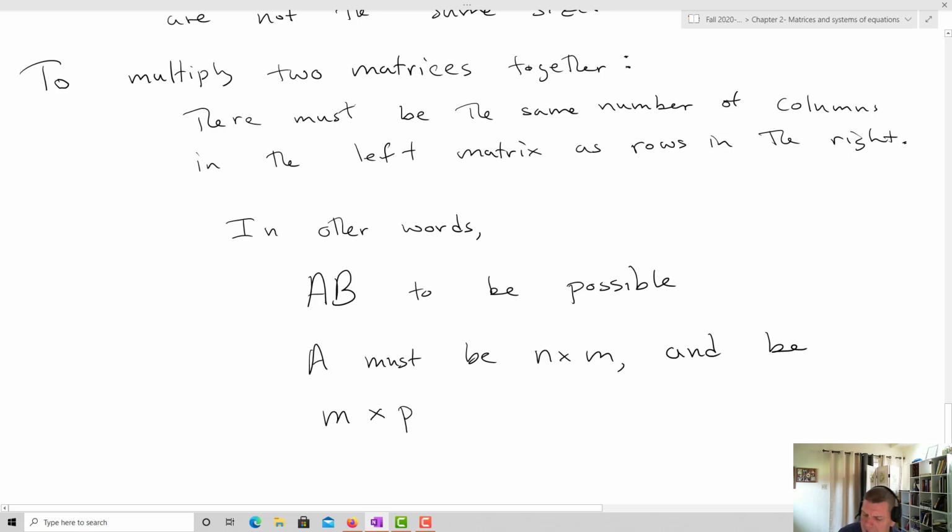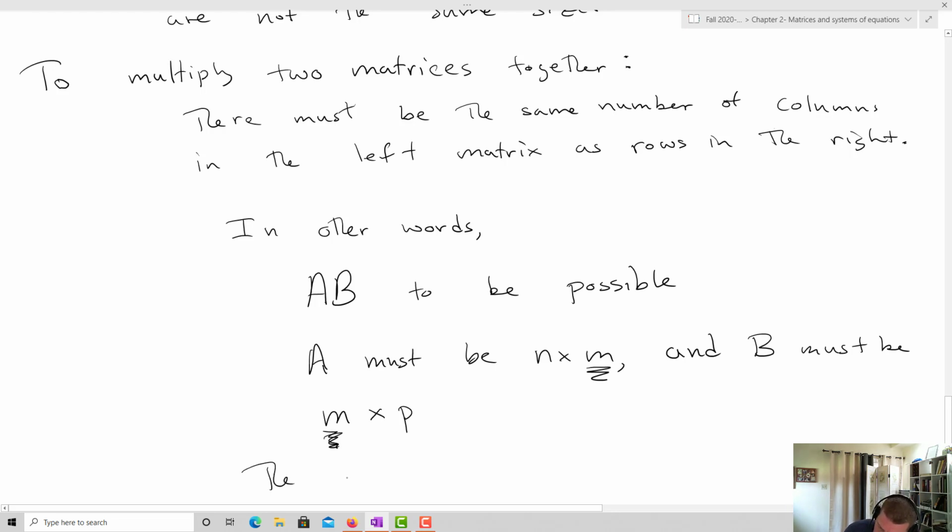So basically, the second value in the dimensions of A is the number of columns in A, and B must be m by p. The left-hand side can be any size that we want, but B is then going to be m by p.